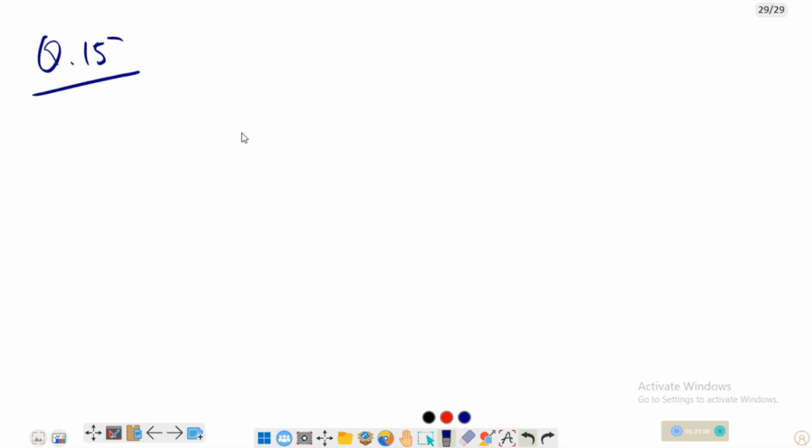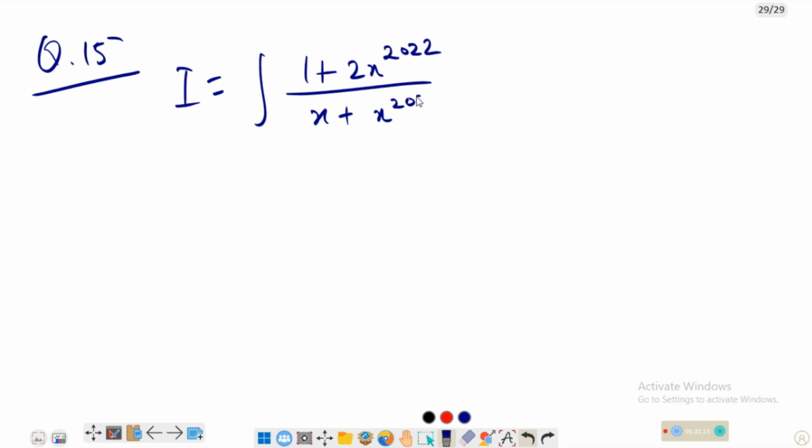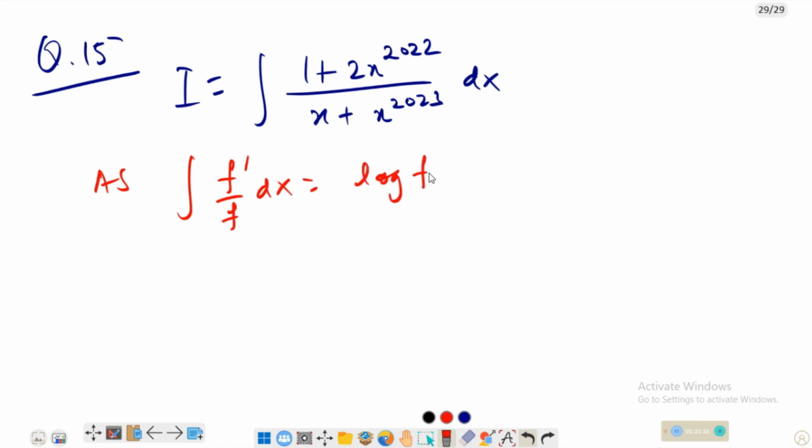Question number 15. I is equal to the integration of 1 plus 2 into x to the power 2022 upon x plus x to the power 2023 dx. So we know that the integration of f dash upon f dx is equal to log f.